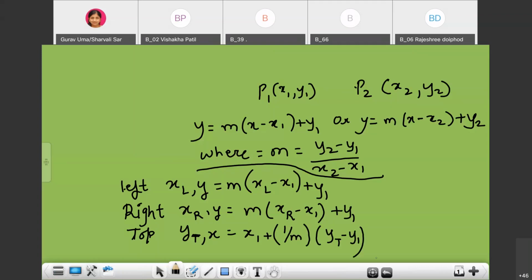Similarly for my bottom, the points will be x comma yb. So the formula will be x1 plus 1 upon m, times (yb minus y1). So this will be the formula for calculating left, right, top and bottom. If you want, please screenshot this. These are the formulas which we will be using.